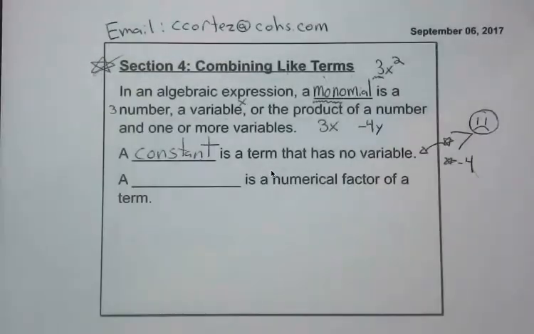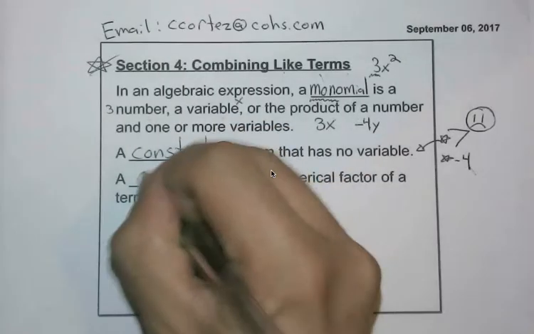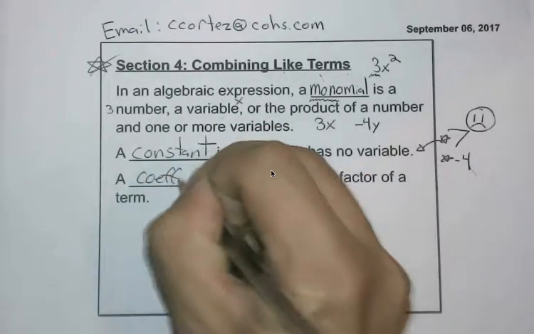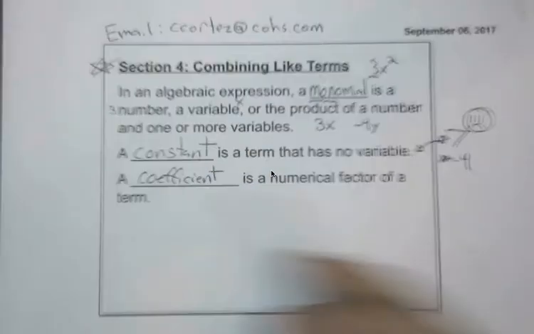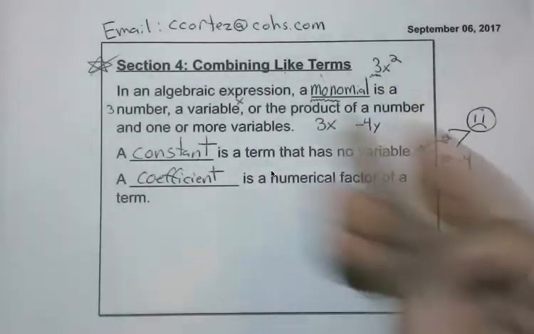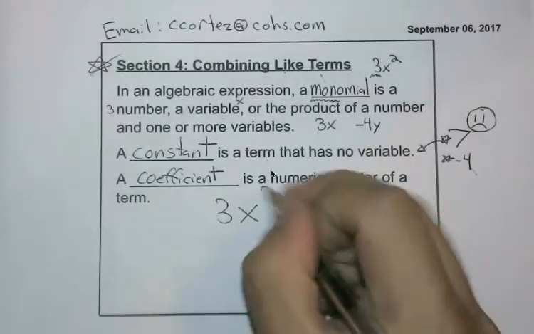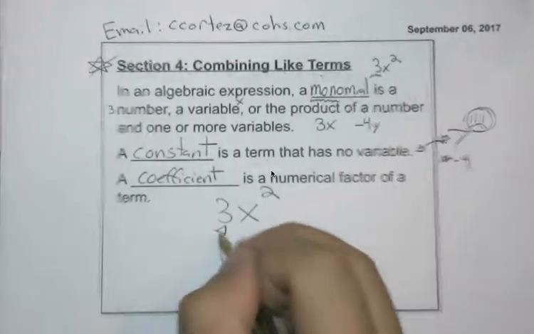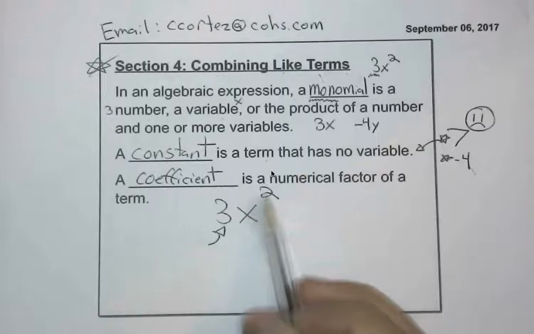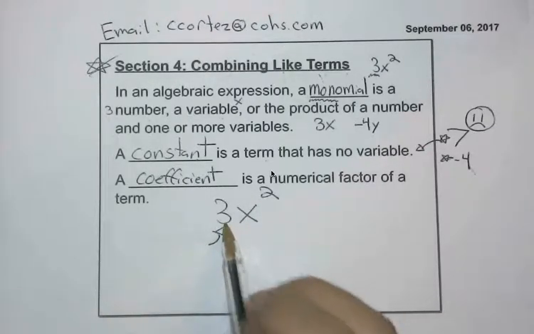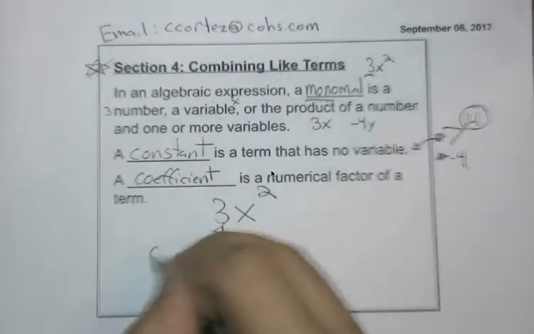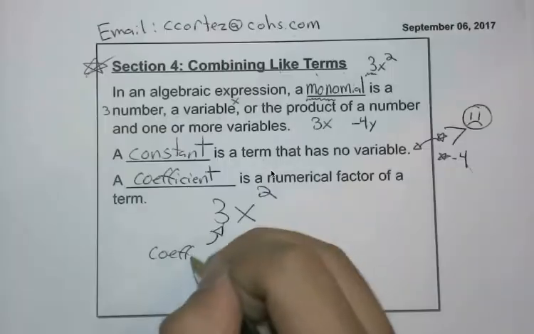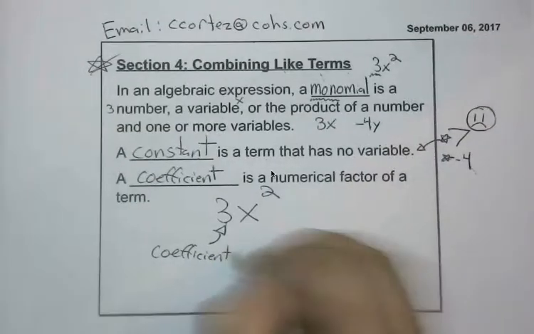In addition to that, we say that a coefficient is a numerical factor of a term. So, for example, 3x squared. Let's break this down. So 3 is a factor of this term. So 3 is multiplying with some variable. So we would say that 3 is our coefficient. Think of this like a commander.